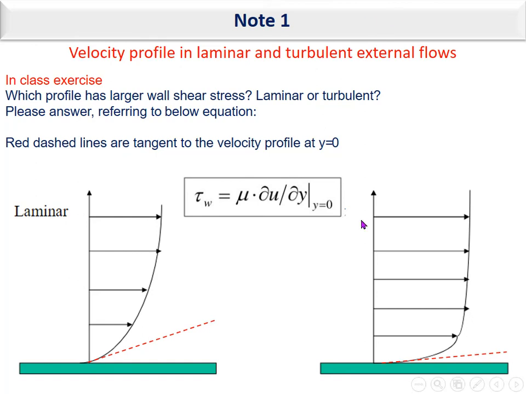You can stop the video and, if needed, repeat the video to listen to my question again and try to answer it. Which profile has larger wall shear stress? Referring to this equation, I do not want you to answer this question just by imagination or something like this. I want you to answer the question referring to this equation.